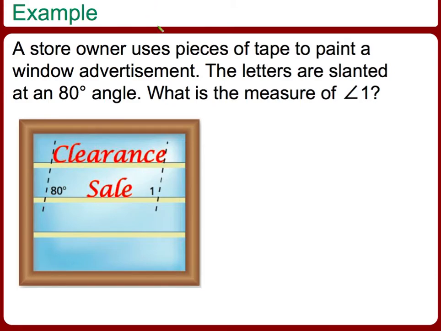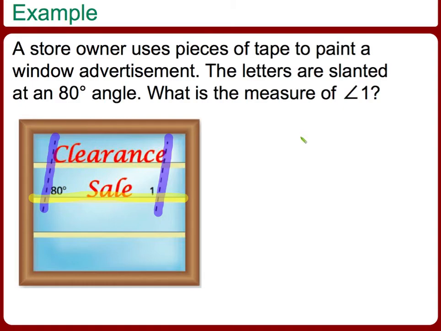Let's go ahead and use that information to solve some problems here. So we have a clearance sale sign, and all of the letters are at an 80-degree angle. So here are two parallel lines at 80 degrees, and they are definitely cut by a transversal. So this is our transversal here.